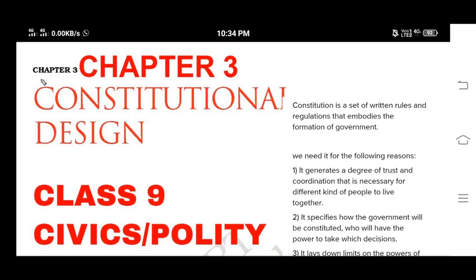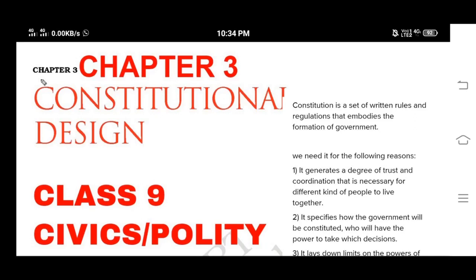In another way, we can say that constitution is a set of written rules and regulations that embodies the formation of government. And we should also know why we need constitution. What's the reason behind the formation of the constitution?